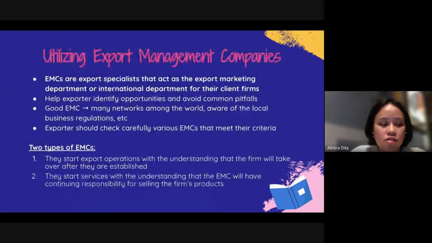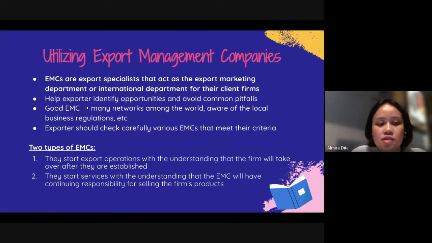So now we're going to talk about how to utilize export management companies, or EMCs. One of the many ways for first-time exporters to identify opportunities associated with exporting and also to avoid many pitfalls is to hire an EMC, or export management company. EMCs are expert specialists that act as the export marketing department or international department for their client firms.